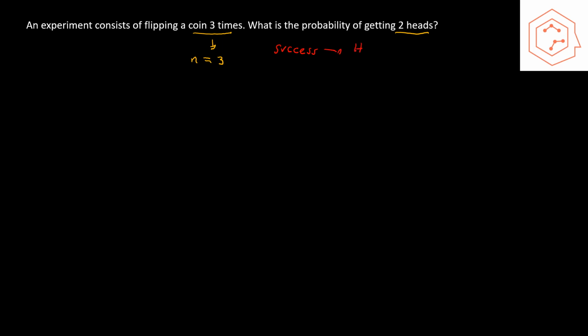Our failure is landing tails. And we're looking at getting 2 heads, so that's 2 successes, which is equal to k. The probability of success, or landing heads, is equal to 1/2. The probability of failure is also 1/2, or 1 minus 1/2 is equal to 1/2.